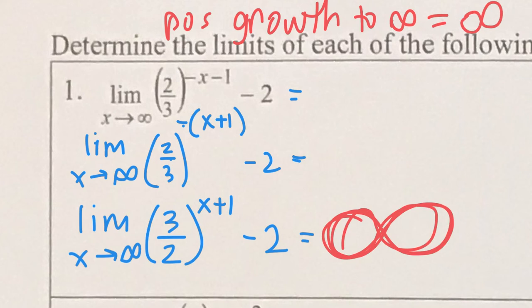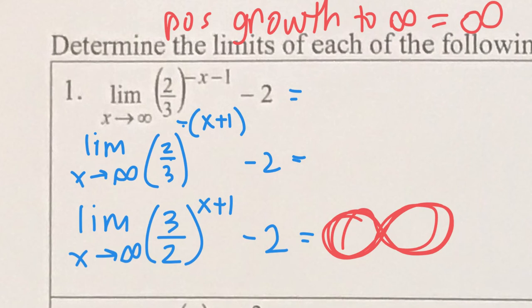The y values are getting infinitely large, so the limit is positive infinity. Okay, the limit of our function equals infinity. The function itself doesn't equal infinity, it's the limit. So all of this has to be here for calculus. On your FRQs, you have to write this exact thing over and over.